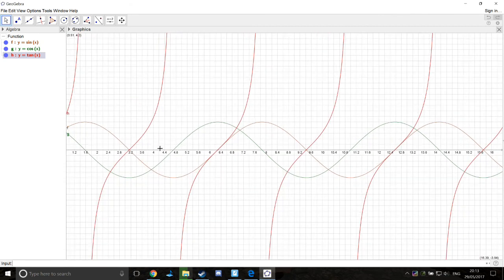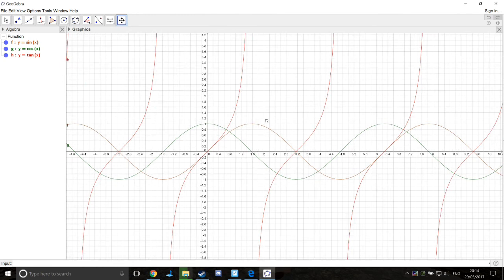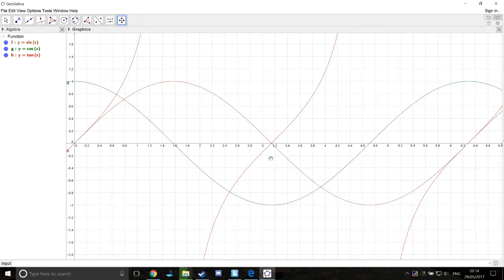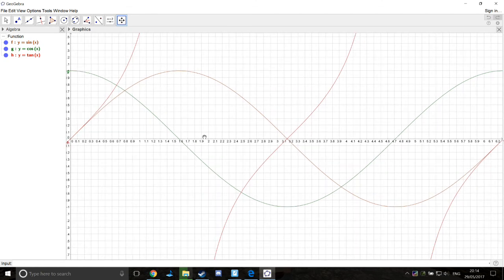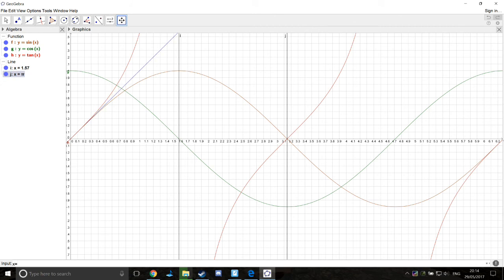I'm going to zoom in and just particularly want to look at between 0 and roughly 2 pi, which is 6.2 something-ish. I'm going to put in x equals pi over 2, x equals pi, and x equals 3 over 2 pi. Those are my three lines.